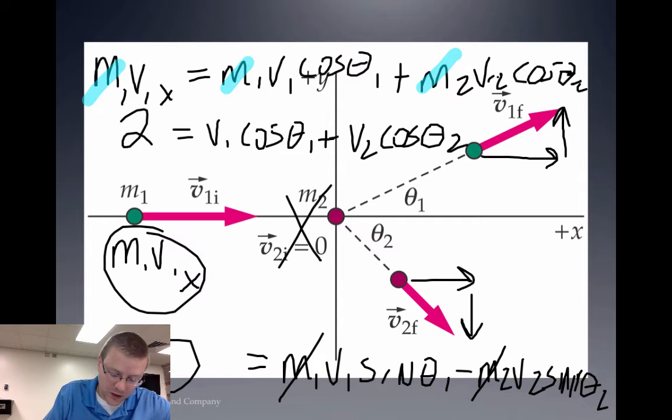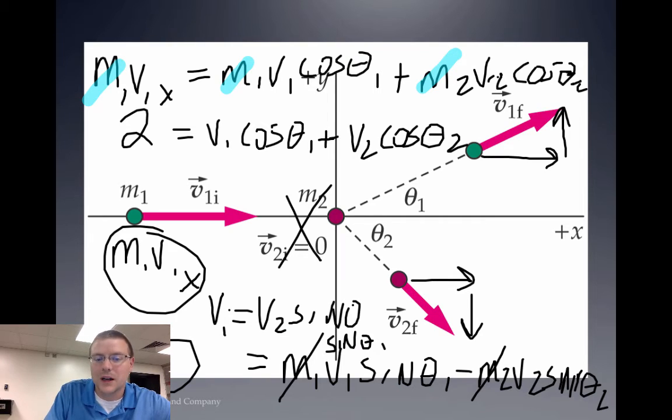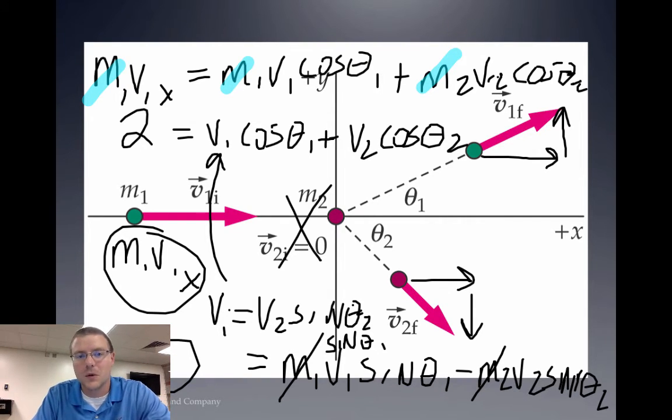If I solve for v1, you end up with v2 sine theta 2 over sine theta 1. You're going to put v1 back up into your x direction, and now you have an equation all for velocity 2. Once you get velocity 2, plug it back in the other way to solve for both velocities.